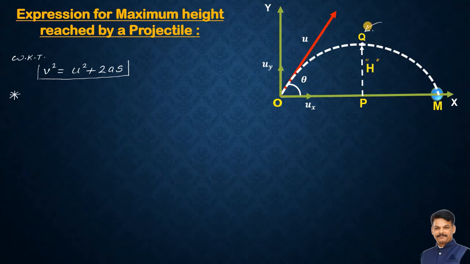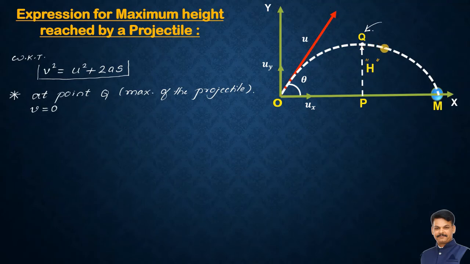Hence, at point Q, that is the maximum height of the projectile, the final velocity becomes 0, right? At that instant, its velocity becomes 0.